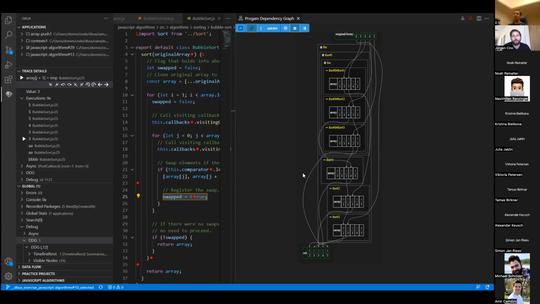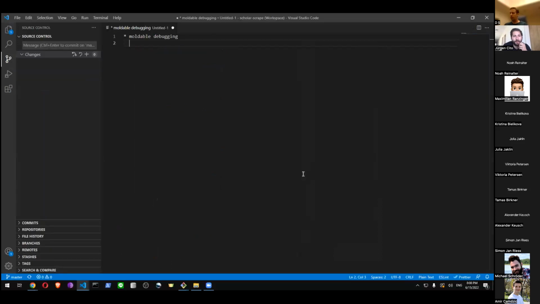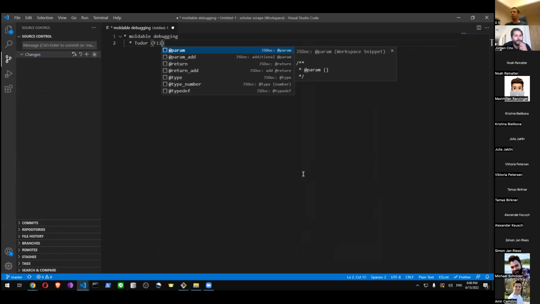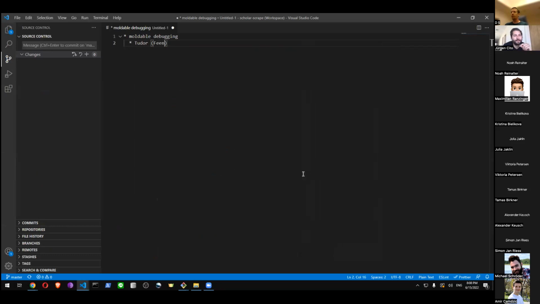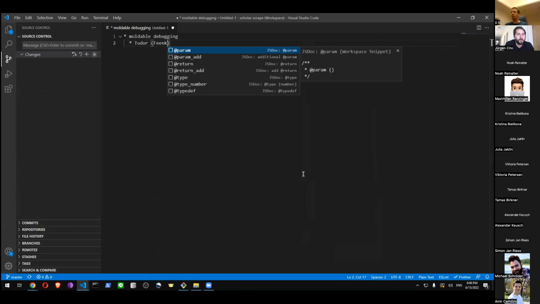Yeah, but check out the community. I think they're very passionate about what they do, especially Tudor, who I think was active in the scene like 10 years ago. Now he has his own company doing this kind of stuff. Definitely interesting. I think the company is called feenk, F-E-E-N-K. Yeah, Tudor Girba.